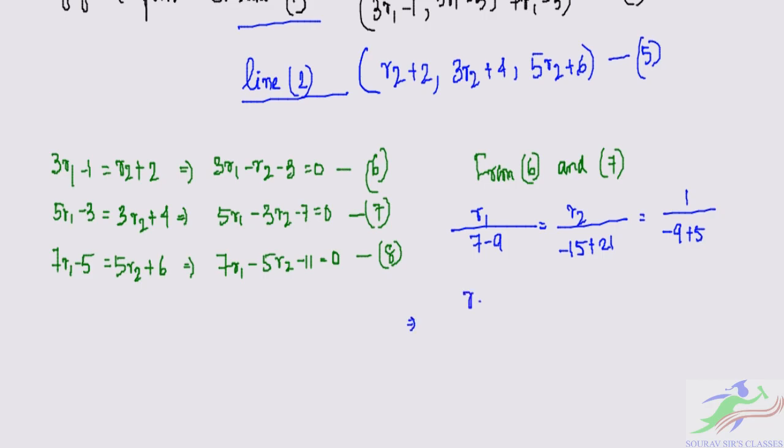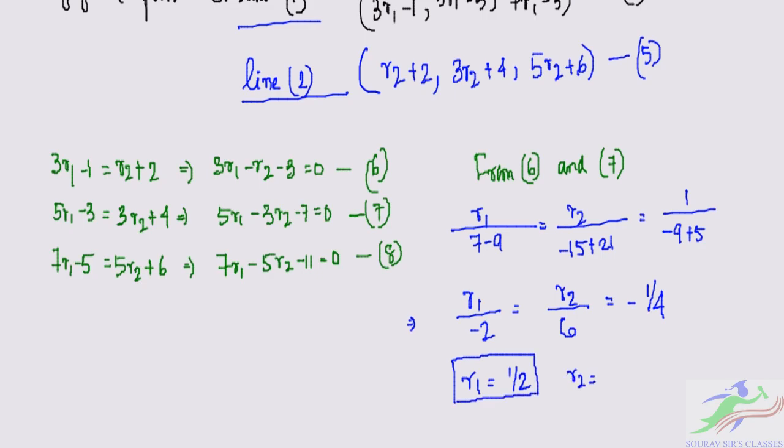So we have r1 by minus 2, r2 by 6, and this is simply 1 by minus 4. From here we can calculate: r1 is simply half, and r2 is minus 3 by 2.